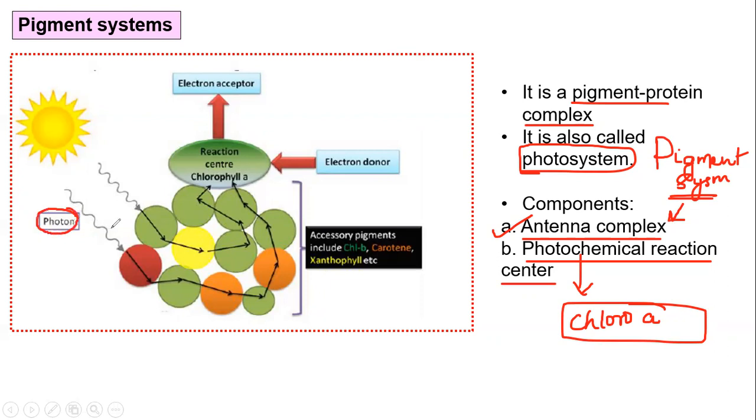Instead of calling it sunlight, we'll call it photons. The energy coming in the form of photons will be absorbed by the accessory molecules and passed on to the reaction center, which is the chlorophyll A molecule. From the reaction center, electrons are excited and accepted by a primary electron acceptor.